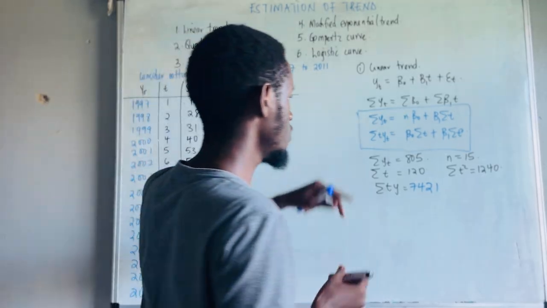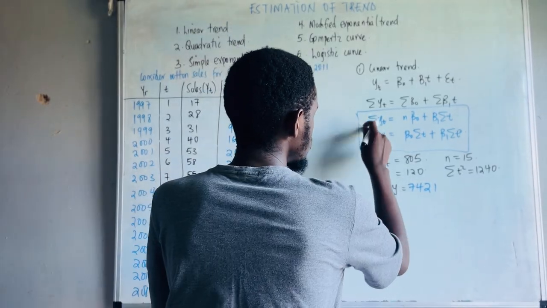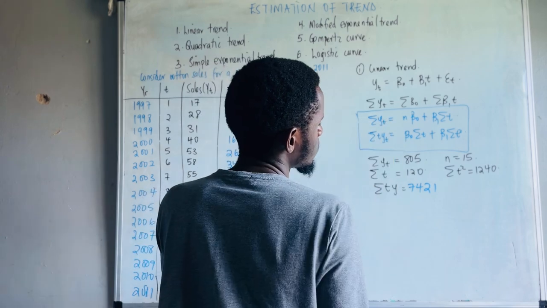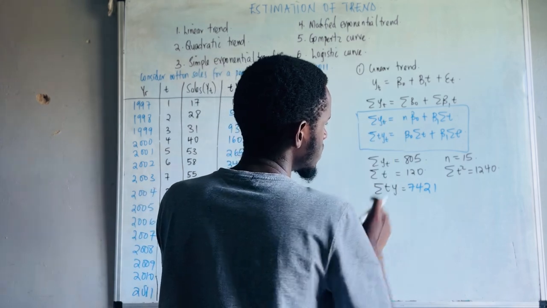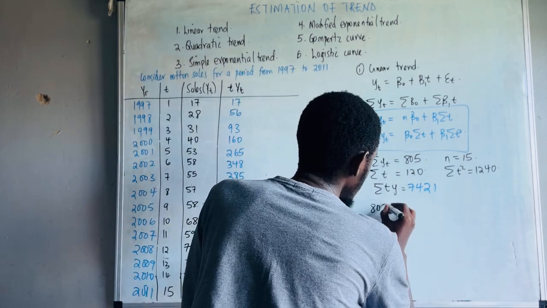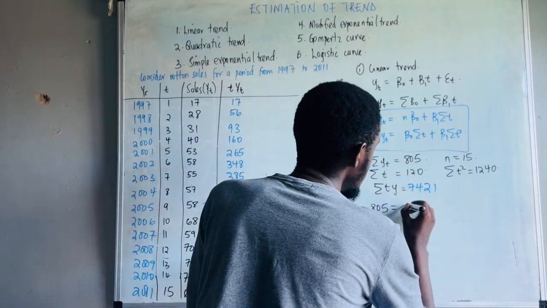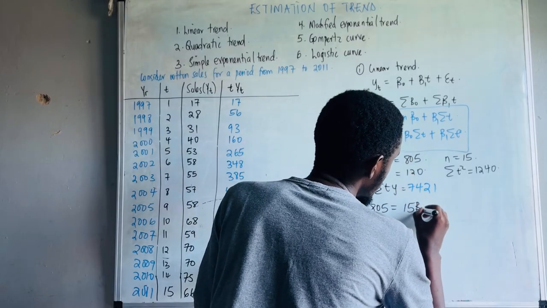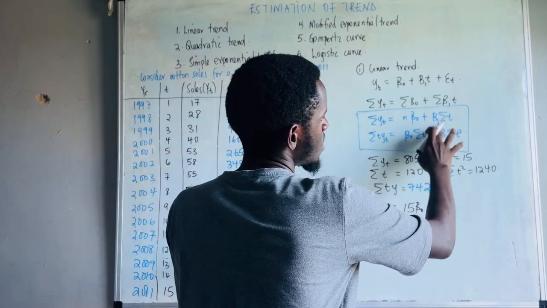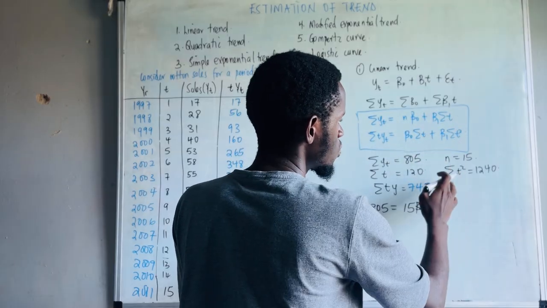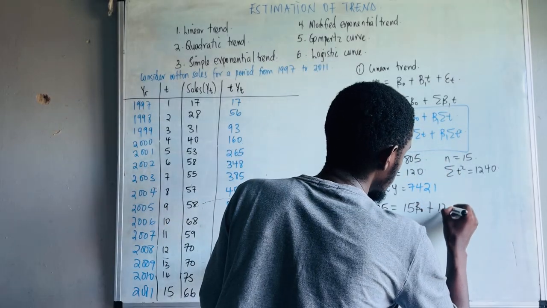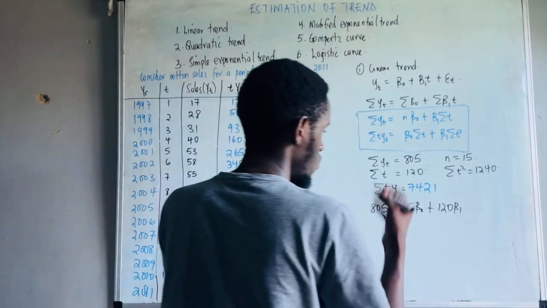Therefore, from these equations, by substitution, I'll have summation of yt. Summation of yt is going to be 805, equal to n, which is 15, times b naught, plus b1 times summation t. Summation t we have as 120, b1, equation 1.